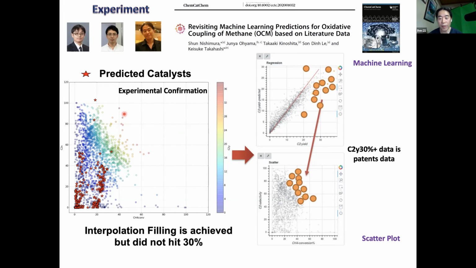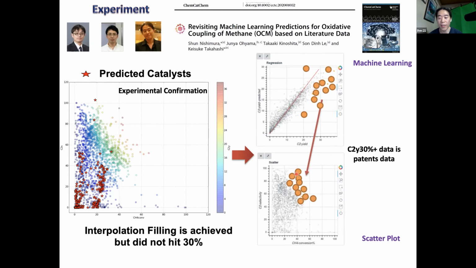Then we discovered how the machine predicted. This is the true C2 yield in the experimental literature data, and this is what the machine predicted. Some of the data the machine couldn't predict. We found that the catalysts with C2 yield more than 30% are quite different from the rest of the data.